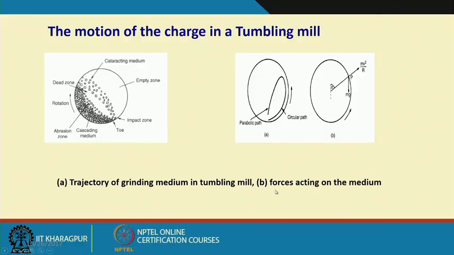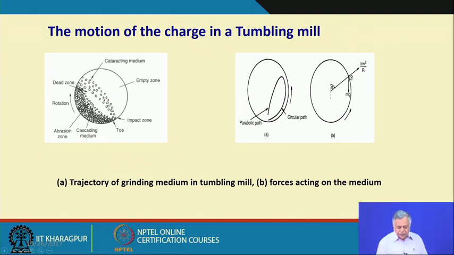Now, here if we come back to this, let us look at the forces acting on the medium. Suppose I have a particle whose mass is m, and it has reached a point P. At that point, if I do a force balance, the centrifugal force acting on the particle is m v square by r, where m is the mass of that particle.